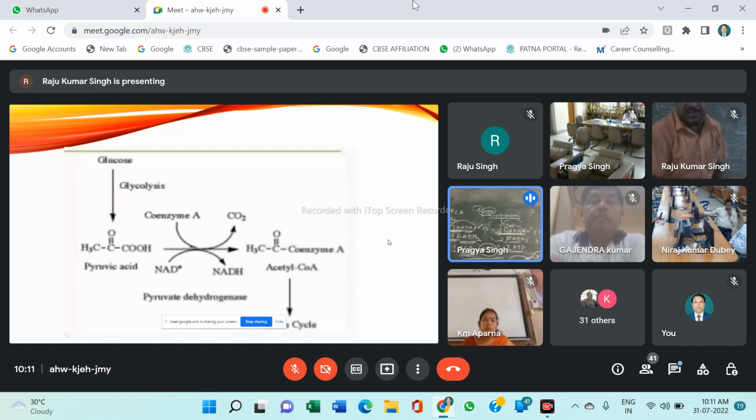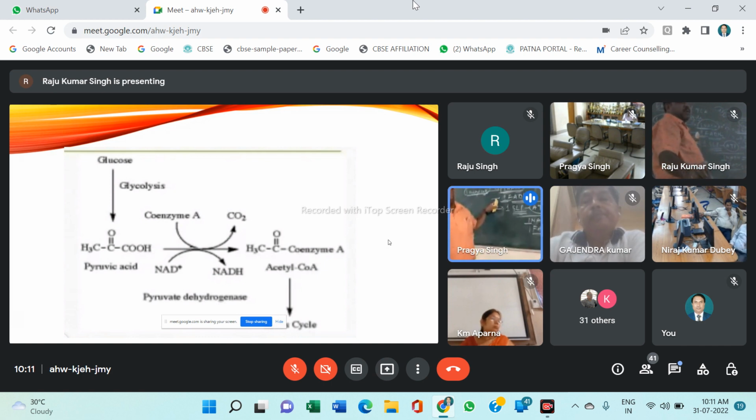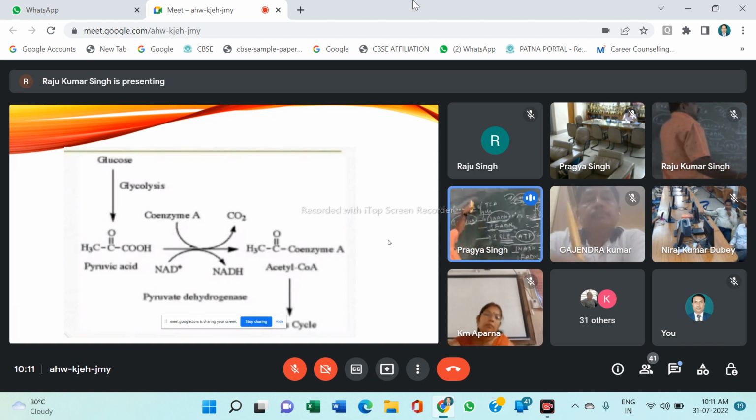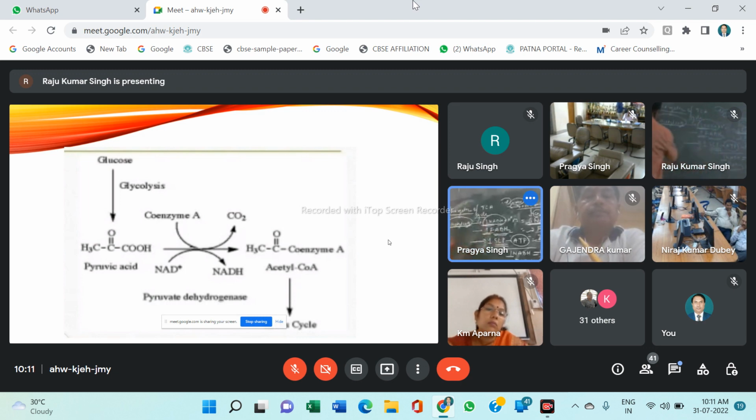If you see here, this is the link reaction. The pyruvic acid changes into acetyl, and they also form NADH, one from one pyruvic acid. There are 2 pyruvic acids formed by means of glycolysis, so ultimately 2 NADH is also formed through the link reaction.